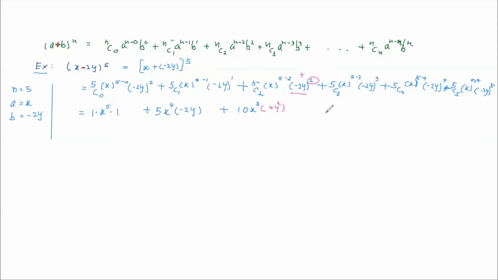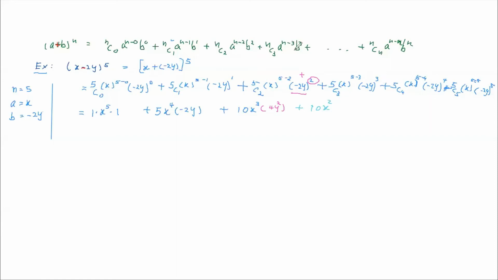Okay, then go to the next term here. Plus 5C3. You can use a calculator. 5C3 is 10. Then you write 10 here. And x is going to be power 2.